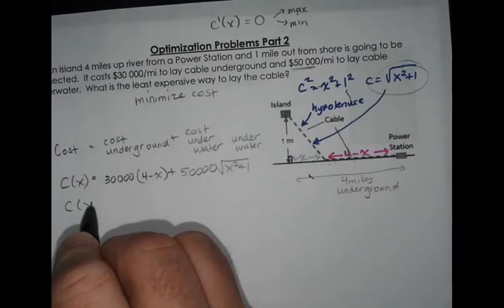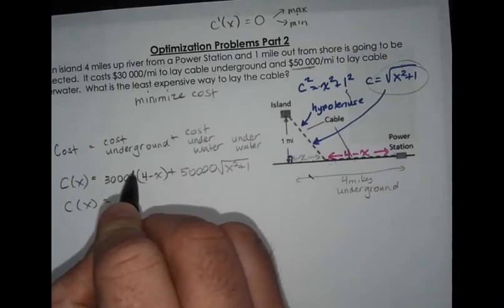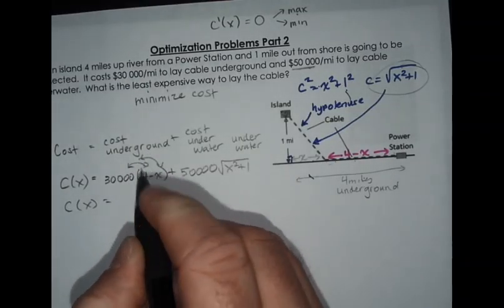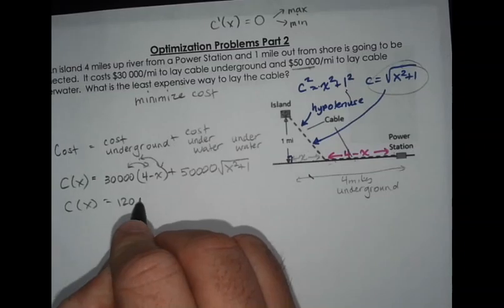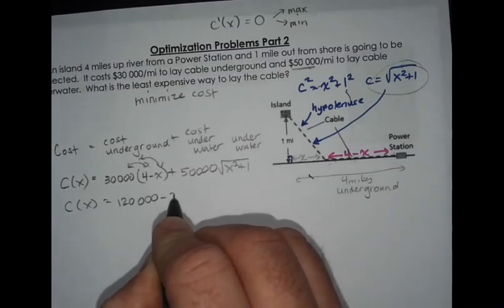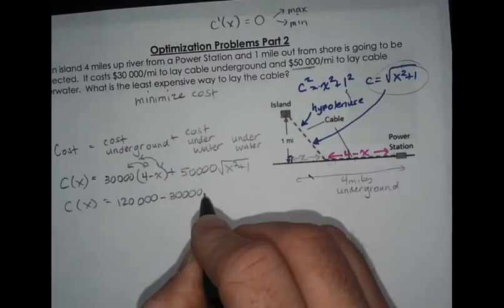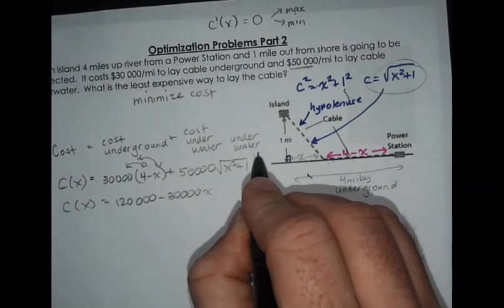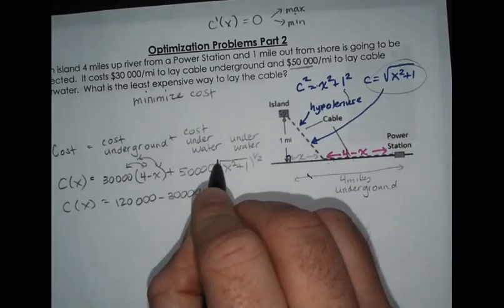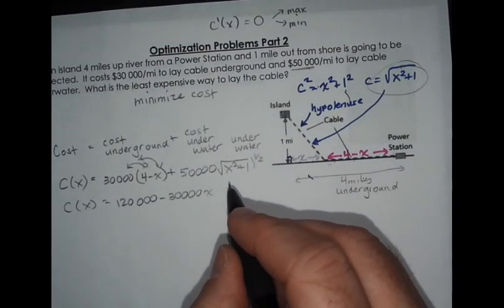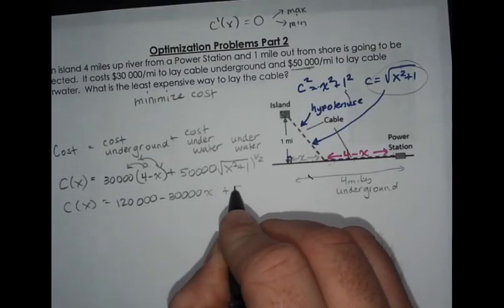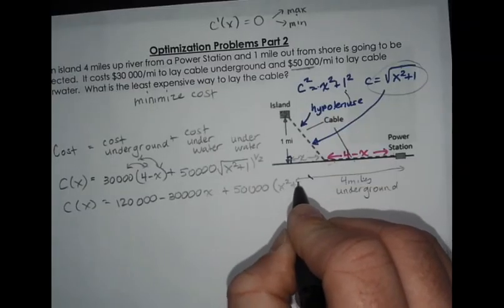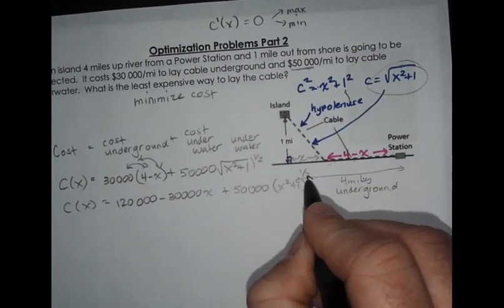So I might want to expand this out. That would be 120,000 minus 30,000x. And we can treat the square root like a half power, so this is 50,000 times (x squared plus 1) to the 1/2.